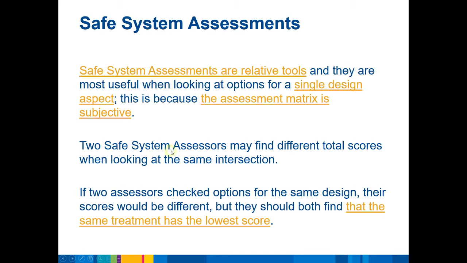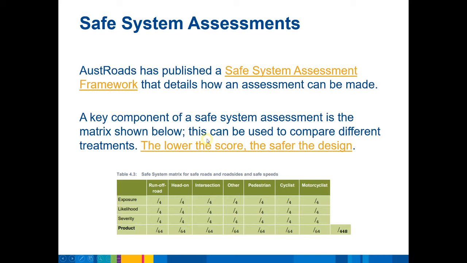So 2 safe system assessors, that is to say 2 different people, will find a different total score when looking at the same intersection. That's how it works, because the assessors are subjective themselves. They're going to make their own assessments. One person might think that the exposure for an intersection type crash is a 3. Another person might think the exposure is a 4.